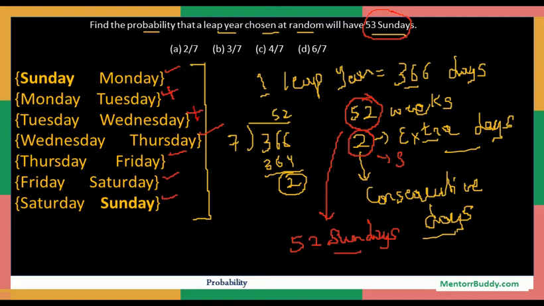Tuesday Wednesday again not satisfying, Wednesday Thursday not satisfying, Thursday Friday not satisfying, Friday Saturday again not satisfying. Only 2 options satisfy the condition: Sunday Monday or Saturday Sunday. So 2 are the favorable cases, and the total number of cases is 7. So the correct answer is going to be option A, that is 2 by 7.